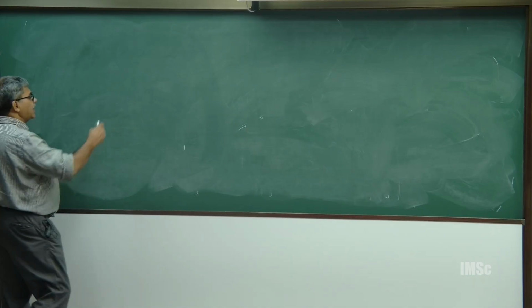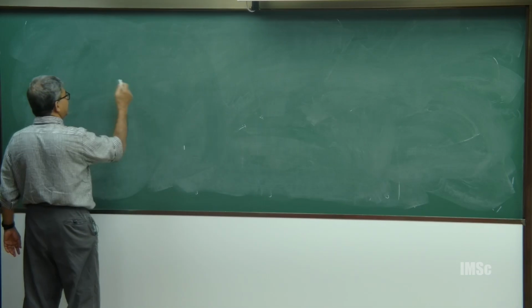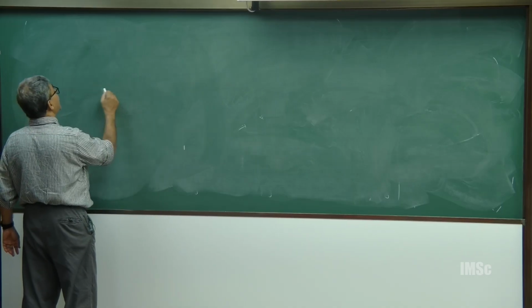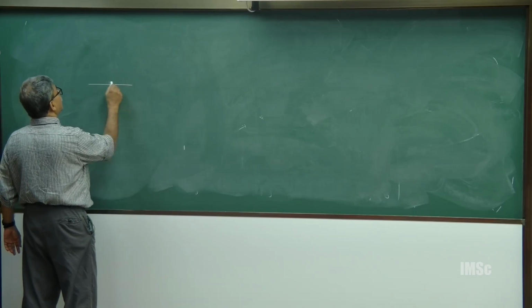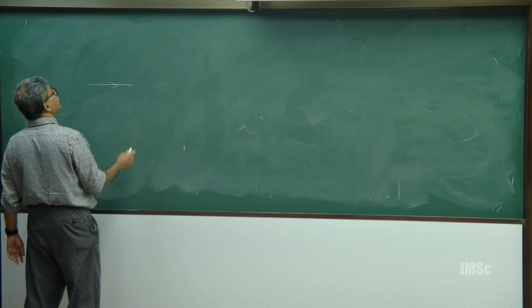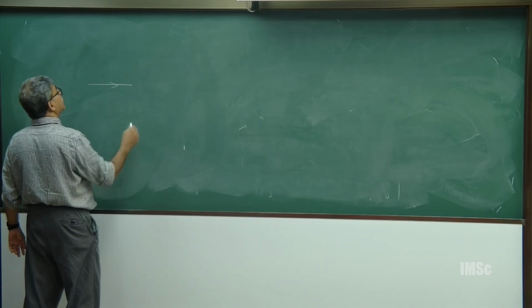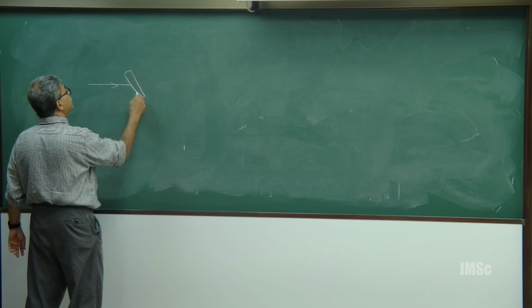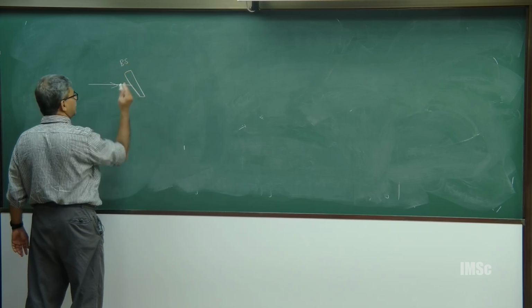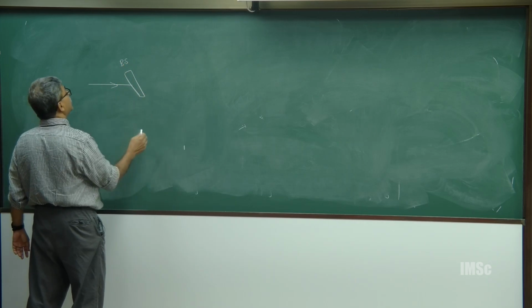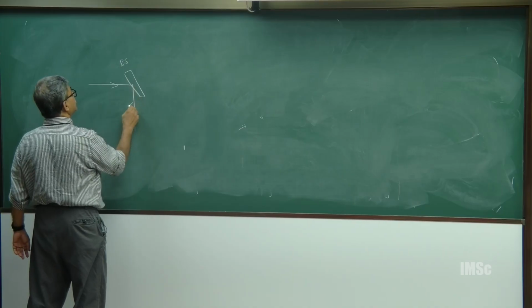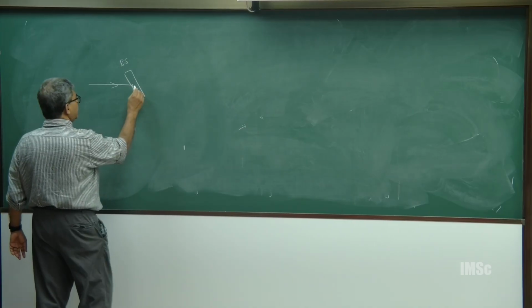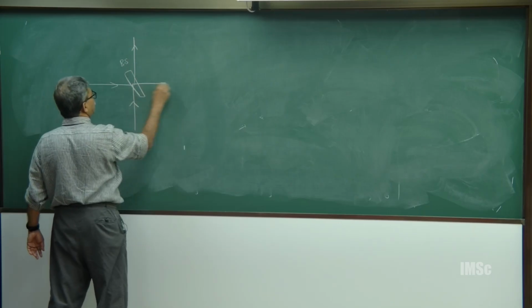So, you see, let us say this Mach-Zehnder interferometer. You have light coming in, this is a beam splitter, let us say a 50-50 beam splitter, and this is another input beam, and then you have these two output beams.